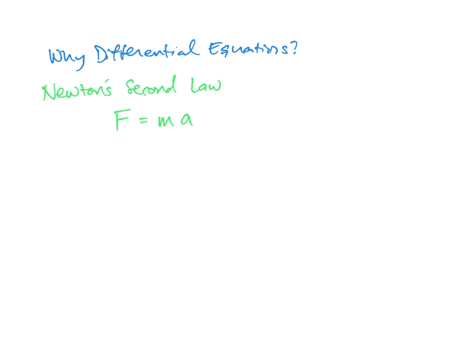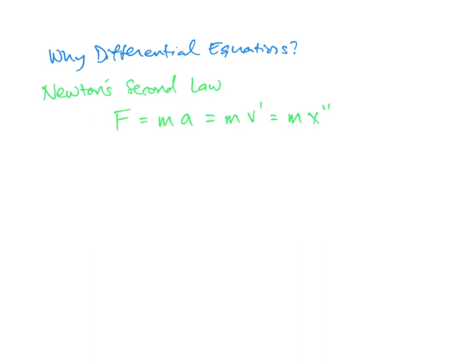That doesn't look like it has derivatives in it, but another way you can write it is, F is force, m is mass, and a is acceleration, which is also equal to the derivative of velocity. And then you can also write this as m x double prime, where x is the position.